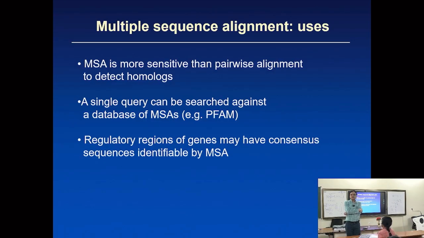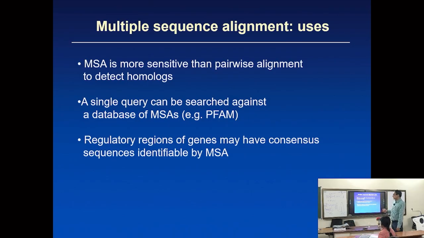So the model that best matches or fits the query sequence is the one that the query sequence belongs to. Okay, a model represents a protein family. So the protein family represented by that model is the one to which the query sequence belongs. Clear?